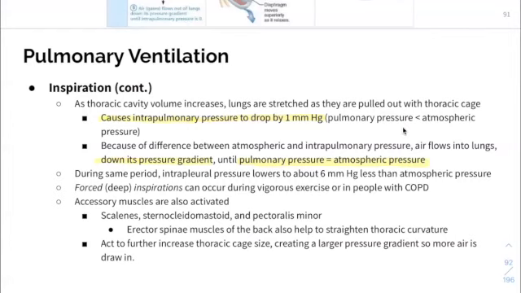But when we inhale, we also cause that intrapleural pressure to change.